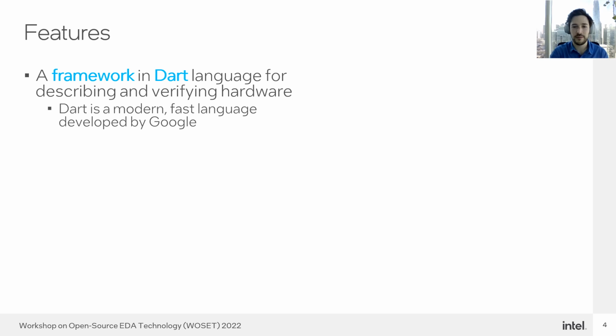ROHD is a framework written in a modern, general-purpose programming language called Dart. Dart is developed by Google. It's about 10 years old, but it started really gaining popularity in the past few years due to another Google-developed framework for cross-platform app development called Flutter. Dart has good asynchronous capabilities without requiring multi-threading, which makes it easy to model and interact with hardware.